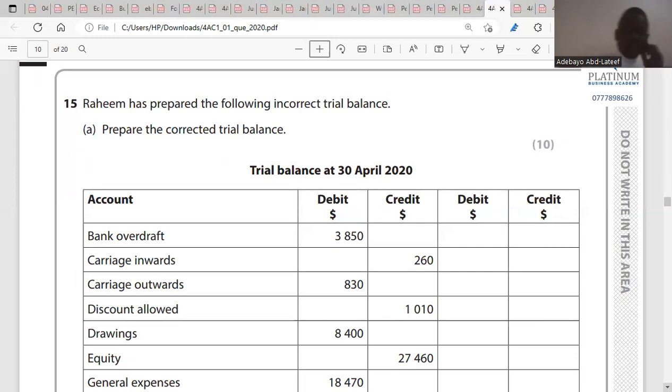So what I will do here is this. I'm going to state each one, where you are supposed to post them. When I send you the list, you have to place the numbers and ensure it balances, because your trial balance must balance.